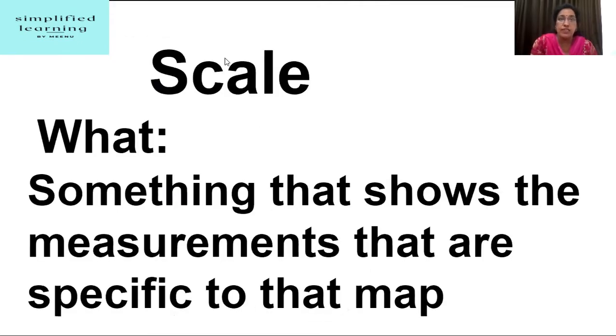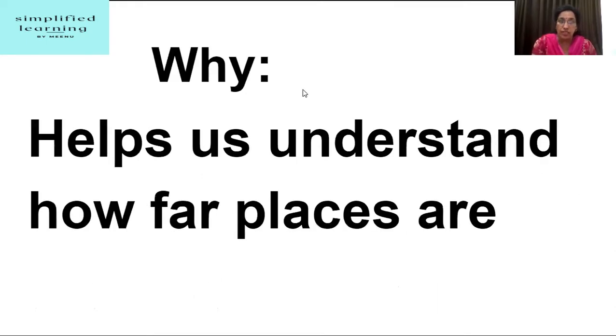Then we have scale. Now, what is a scale? Something that shows the measurements that are specific to that map. So, the answer for what? What is a scale? Why we need a scale?